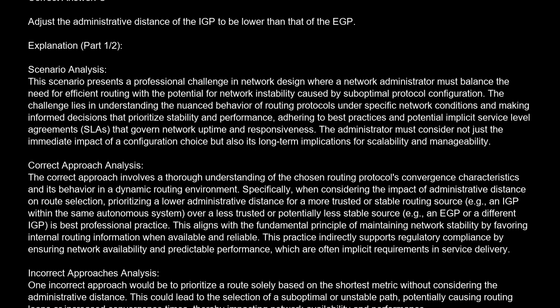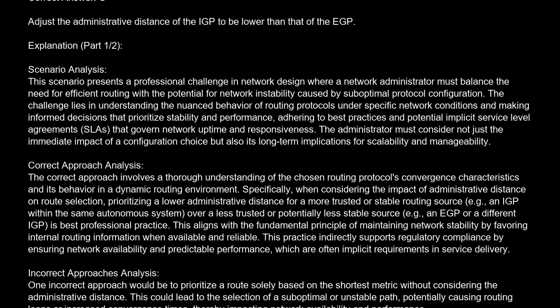This aligns with the fundamental principle of maintaining network stability by favoring internal routing information when available and reliable. This practice indirectly supports regulatory compliance by ensuring network availability and predictable performance, which are often implicit requirements in service delivery.